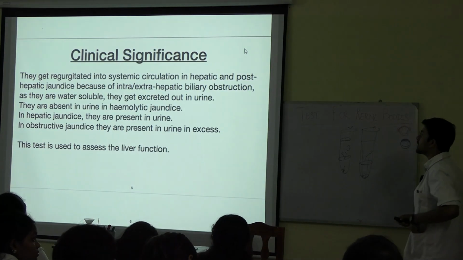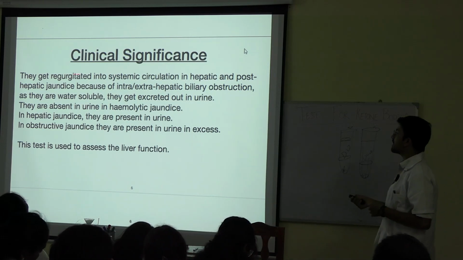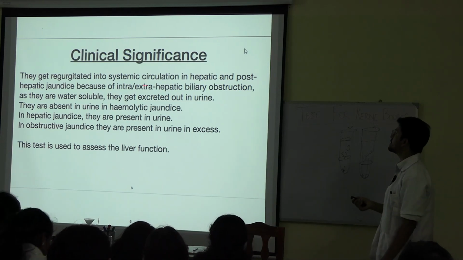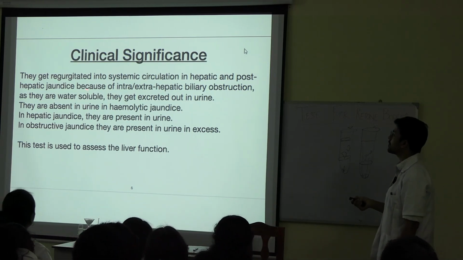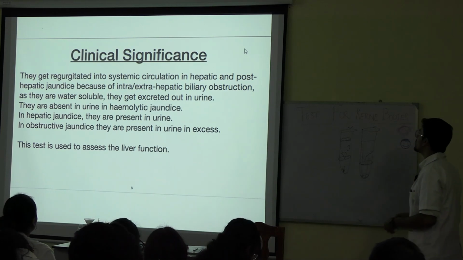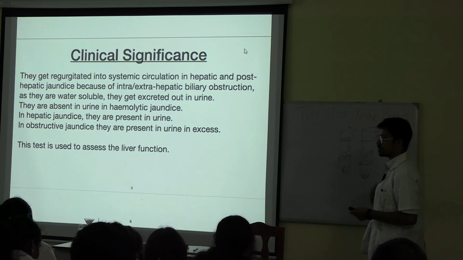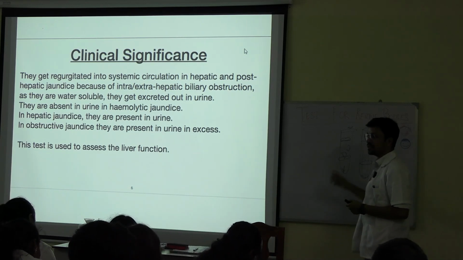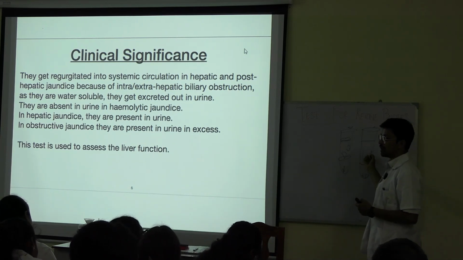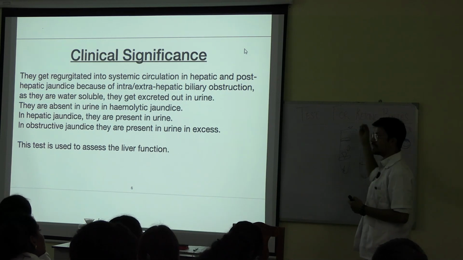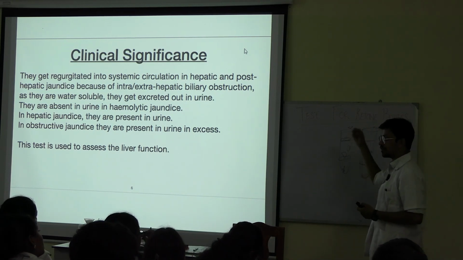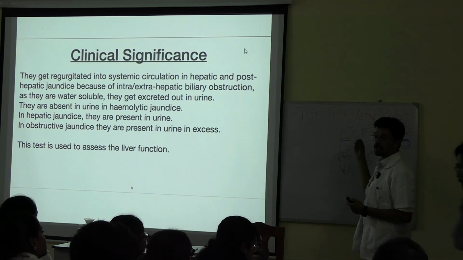Okay. Now clinical significance. They get regurgitated into the systemic circulation in hepatic and post-hepatic jaundice because of intra- and extrahepatic biliary obstruction. Now you remember the thing that I have already shown you with the drawing. In the intra- and extrahepatic obstruction, what happens? If these things are getting blocked, whether in the bile duct, inside the liver, or just outside the liver, it doesn't matter wherever the block is.